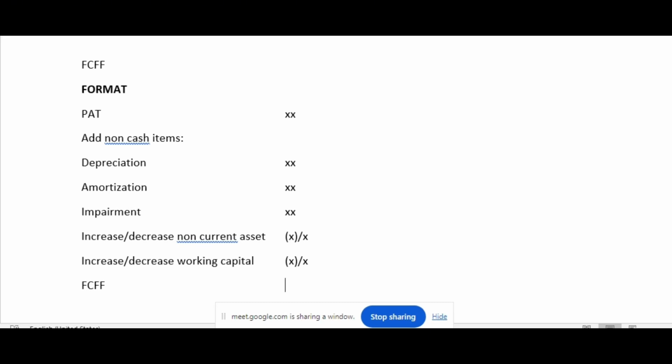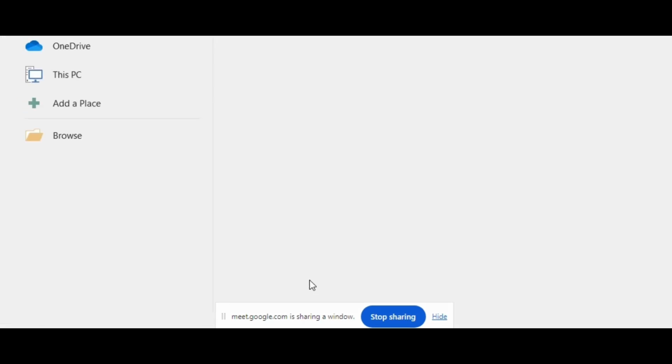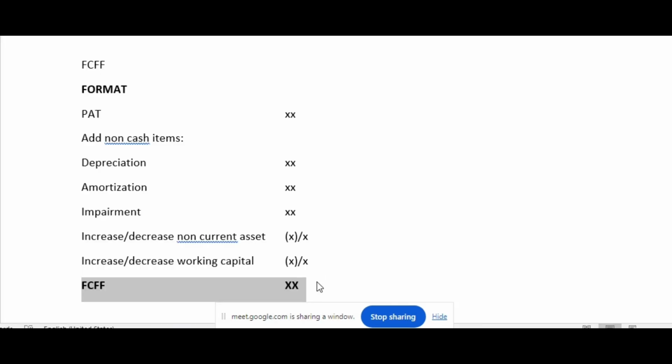Then when you subtract it, you now check. Let me give you an instance. Okay, let me complete this. This is free cash flow to the firm, right? Let's say this is free cash flow to the firm.